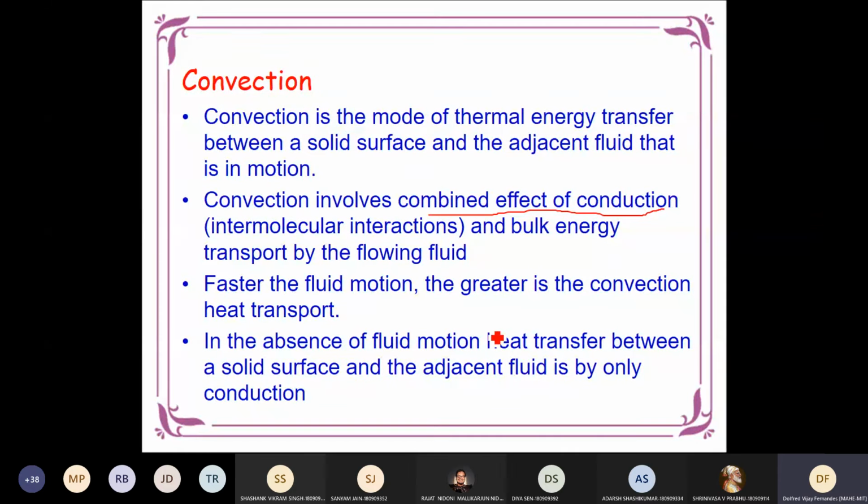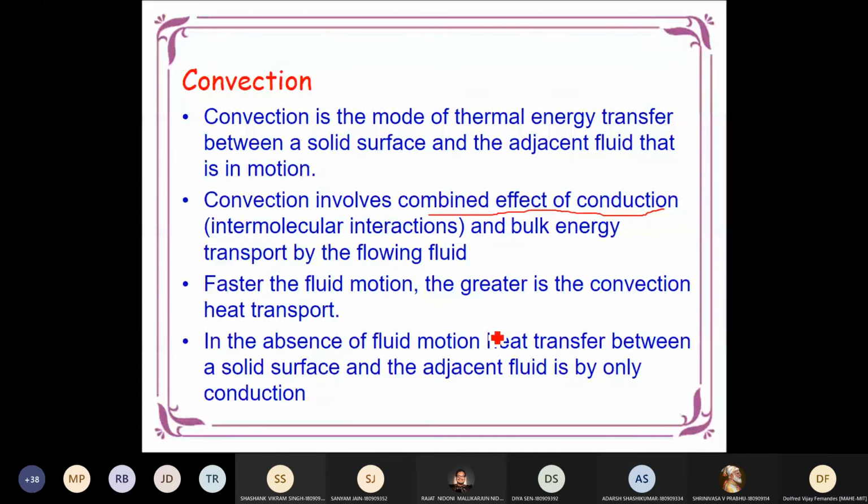For this, you can see that when you want to make a cup of tea or coffee, you keep the water on the stove, and initially there is no motion of fluid, but if you dip a finger in the water, you can see that the water is heated. Its temperature may be raised to 50, or even 60, 70. You may not feel any fluid motion, but later, when it is nearing the boiling temperature, you can see the fluid motion.